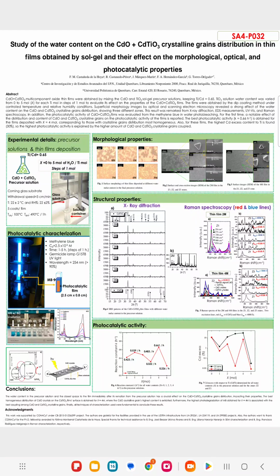The best homogeneous distribution of cadmium oxide crystals on the cadmium titanate film surface is obtained for X equal to 4 mole of water, where the cadmium oxide crystalline grains' highest content is exhibited. Furthermore, the highest photodegradation of methylene blue, obtained for X equal to 4 mole, is associated with the best coupling among cadmium oxide and cadmium titanate crystalline grains.